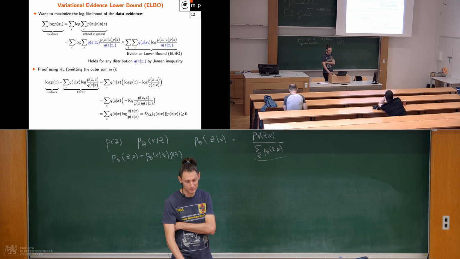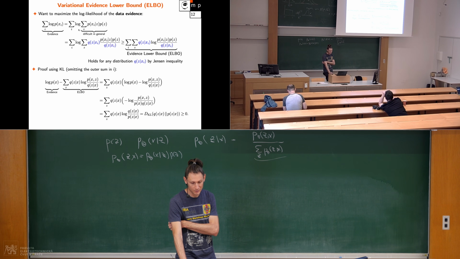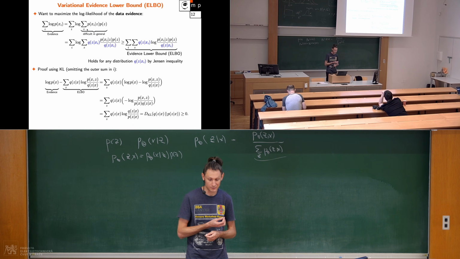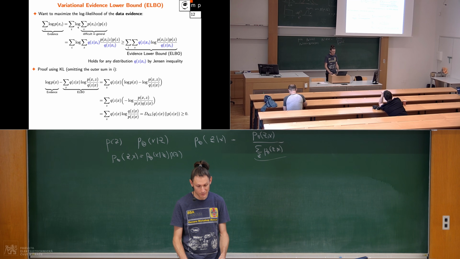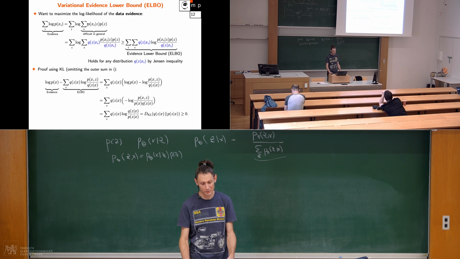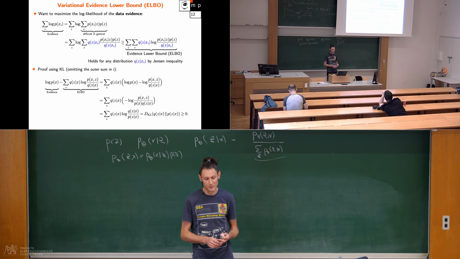For any image, there could be multiple explanations, multiple latent codes with this prior distribution and then the conditional distribution to generate that X. So we have this term which is a sum over the latent representations, or if it's a continuous space, an integral, and that's usually intractable. And the problem is that we have the logarithm of this expectation or sum, so we cannot readily make a stochastic gradient estimate of this thing. If it was not for this logarithm here, it would be easy, right?